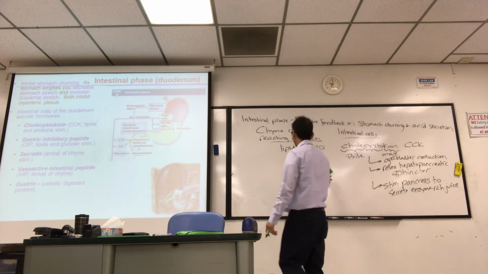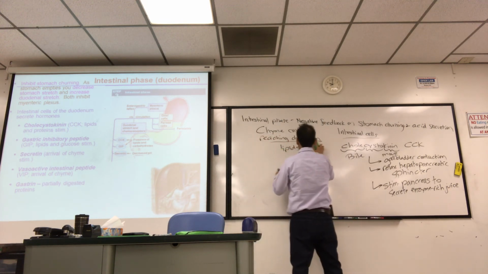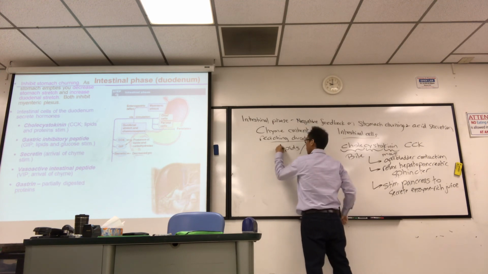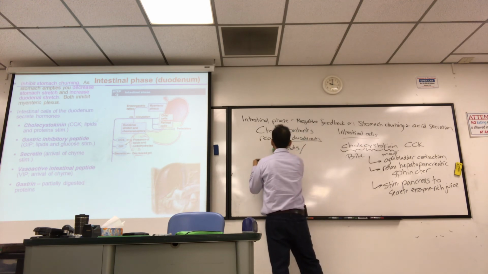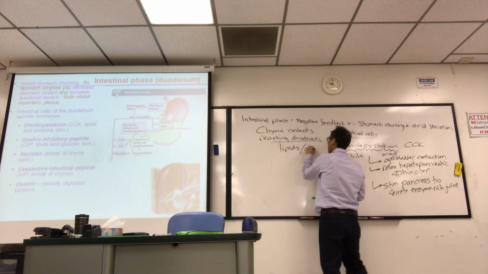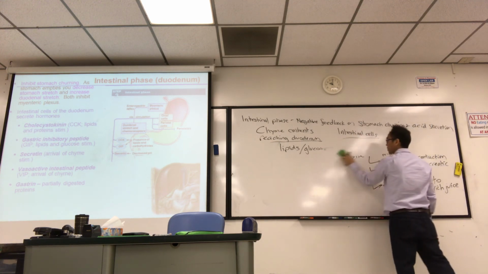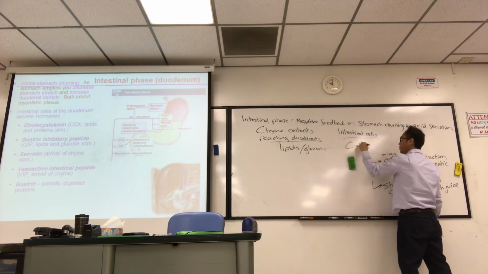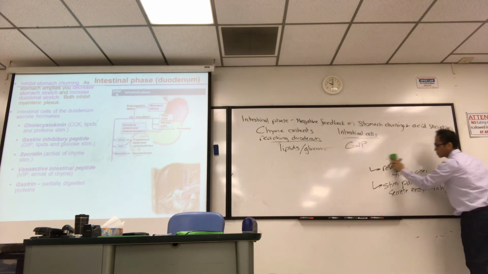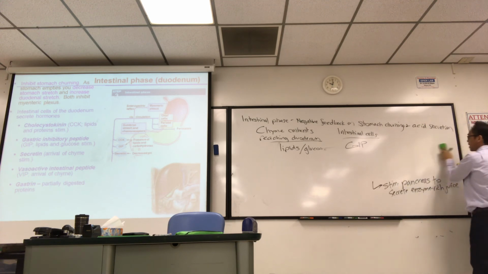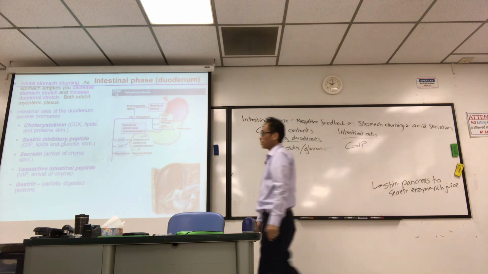Gastric inhibitory peptide is next. If you have lipids and glucose, I'll call it GIP for short, gastric inhibitory peptide. That hormone, in addition to its name, will inhibit the stomach, but not apparently.